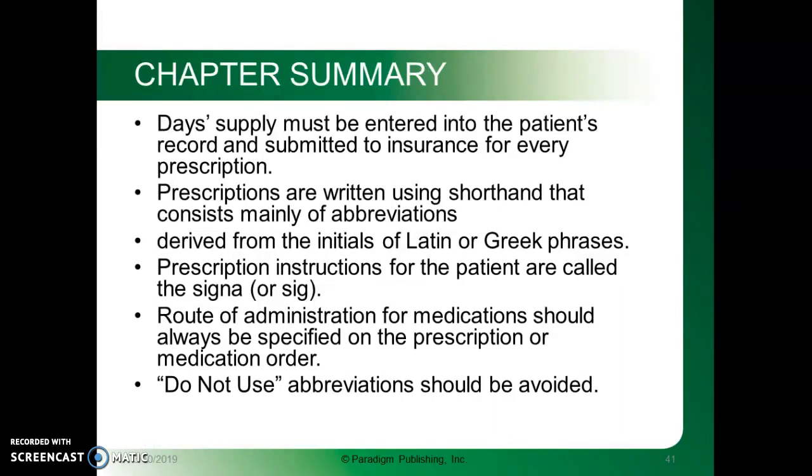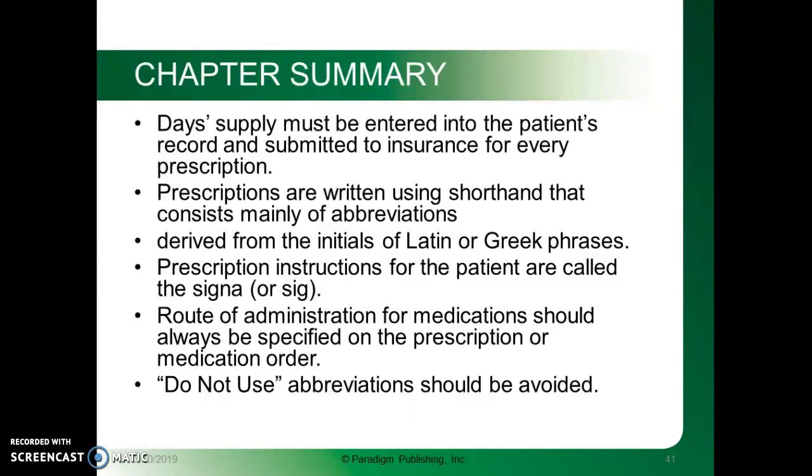Prescriptions are written using shorthand that consists of many abbreviations derived from initials of Latin or Greek phrases. Prescription instructions for patients are called SIGNA or SIG. The route of administration for medications should always be specified on the prescription or medication order.